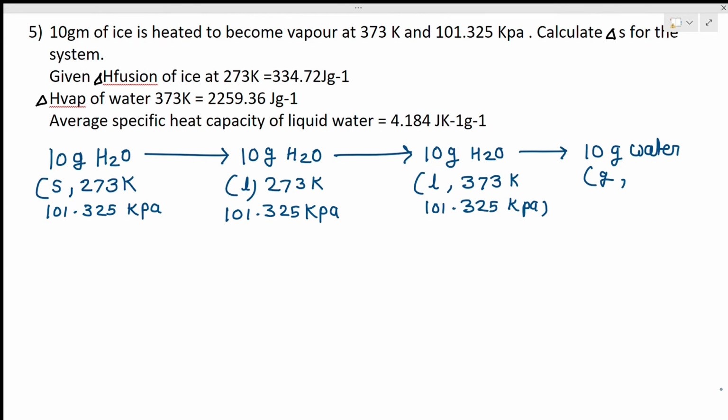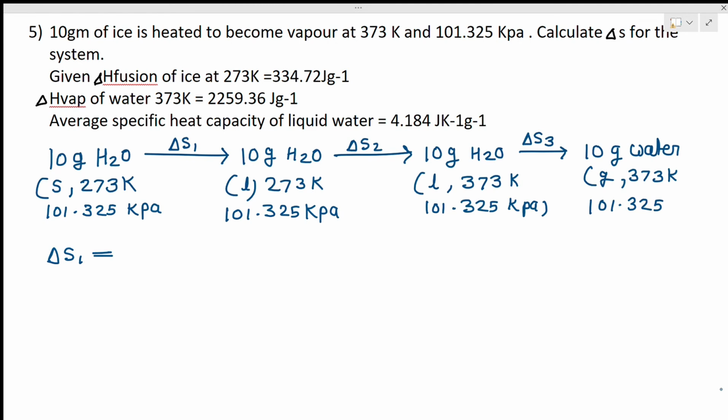Now the temperature is 373 Kelvin and pressure is 101.325. So see here, first change is del S1, second del S2, third del S3. First of all we have to calculate del S1.